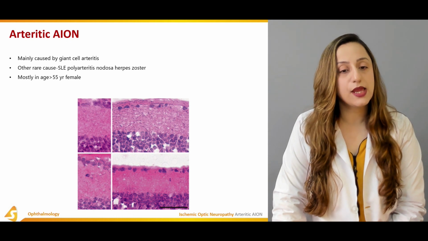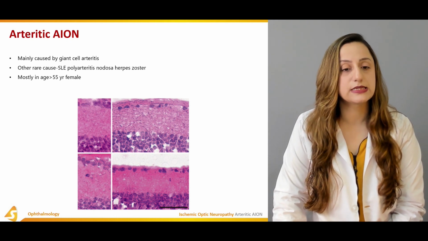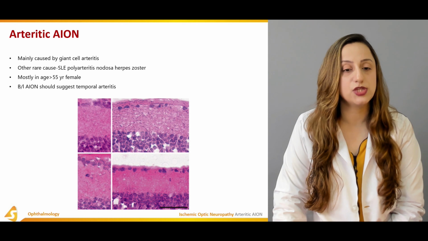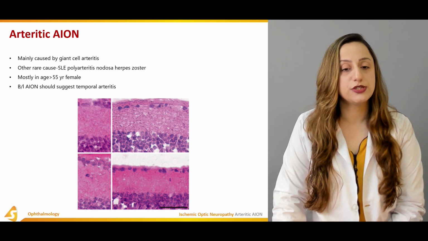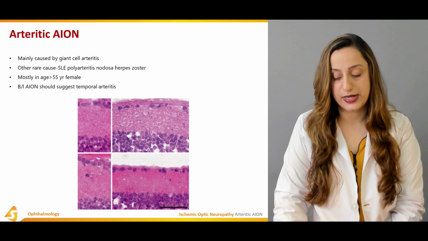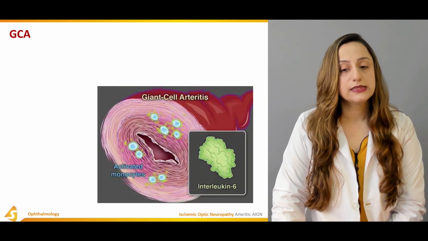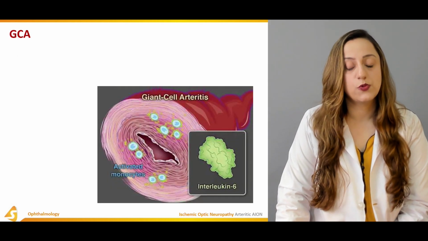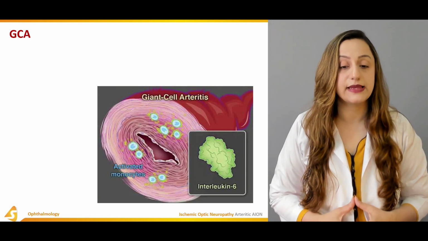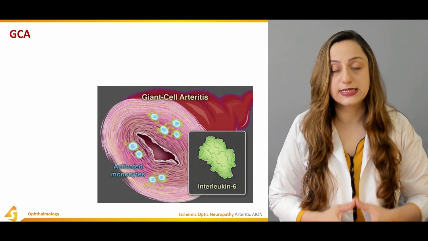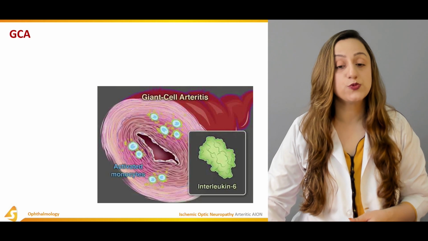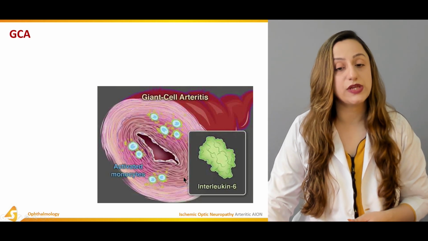Mostly in age more than 55 years, females are involved at this age. Anterior ischemic optic neuropathy should suggest temporal arteritis in these individuals. In giant cell arteritis, we can see activated monocytes in these individuals, which result in thickening of the arterial walls.